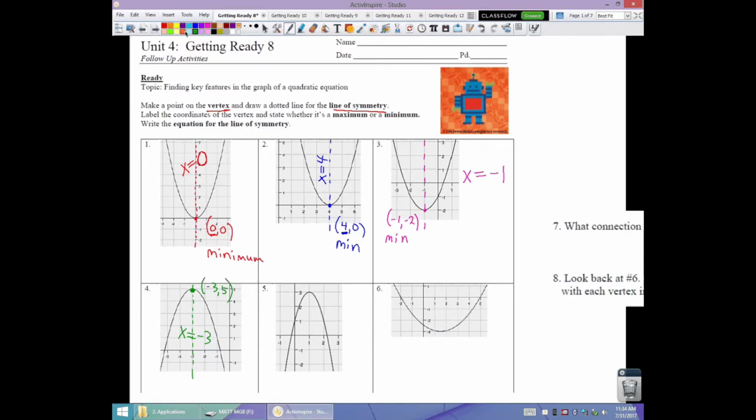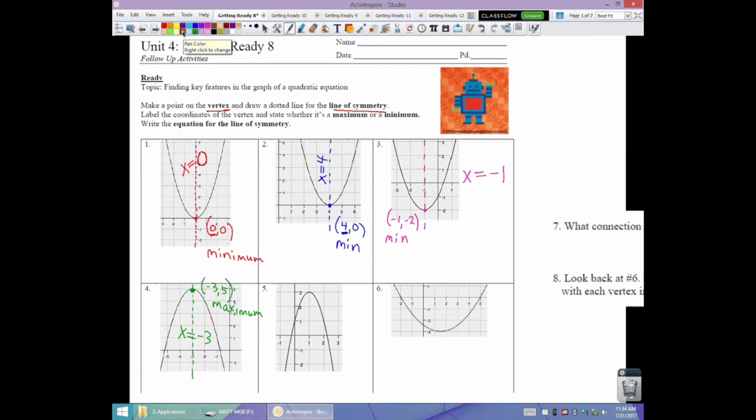Oh, I'm sorry, we forgot one thing. In number 4, we forgot to identify that the vertex is a maximum. This time, the parabola is open down, so that vertex is at the top rather than at the bottom.